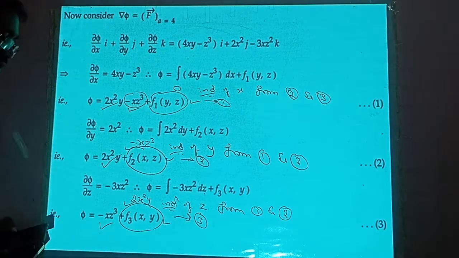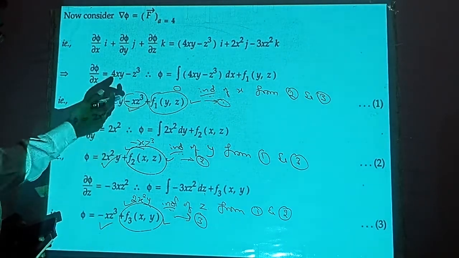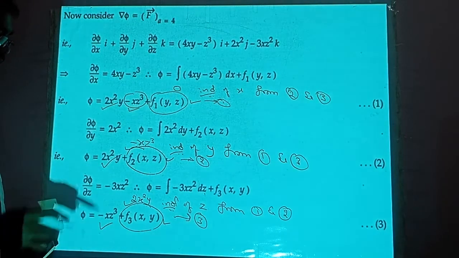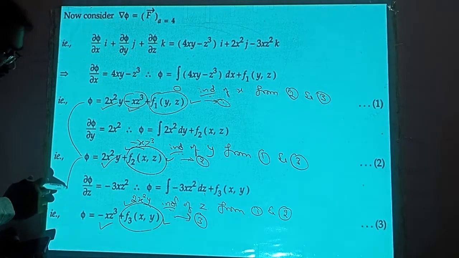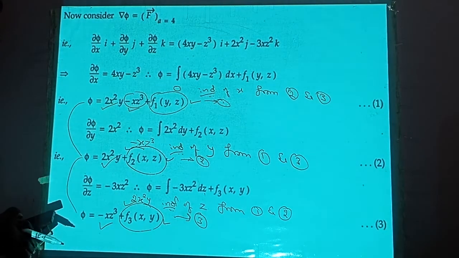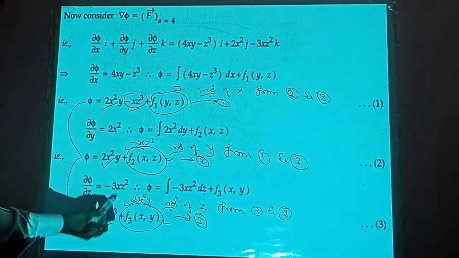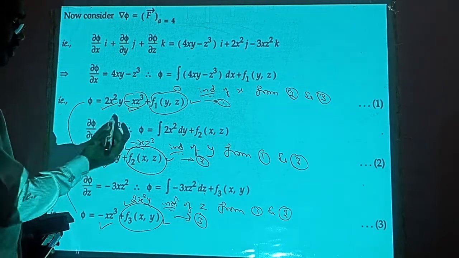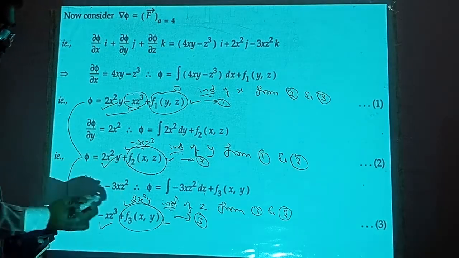We have got almost all the terms same in all phi's. So this phi is same as this phi is same as this. So what is your phi? Phi is any one phi you can take after selection. Or you can take this phi, this phi or this phi.